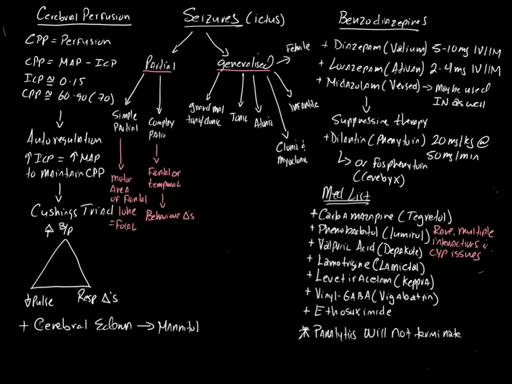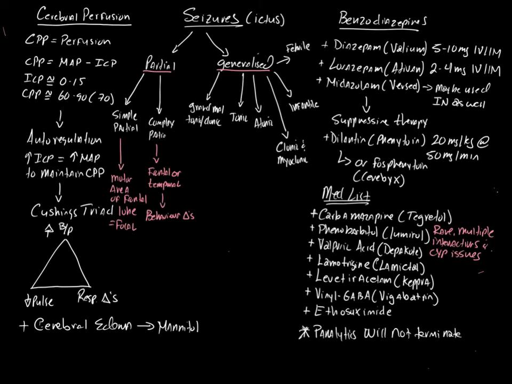CPP equals MAP minus ICP. Okay? So imagine that the ICP is increasing, but the MAP is not. It's staying the same. As the ICP increases, what's going to happen to the CPP? It's going to decrease. Does that kind of make sense? That there is an inverse relationship between those two concepts.